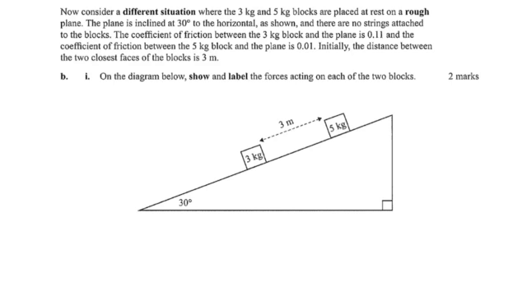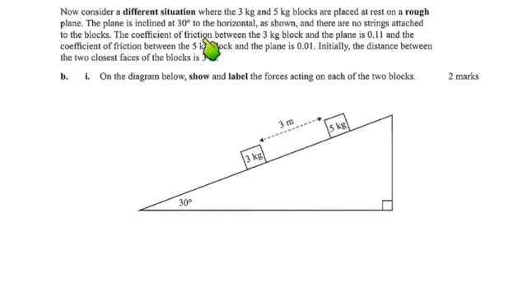Now we're considering a different situation where the 3 kilogram and the 5 kilogram blocks are placed at rest on a rough plane. So now we've got friction. The plane is inclined at 30 degrees, so theta equals 30 degrees to the horizontal, a tangible value for the angle, and as shown. And there are no strings attached to the two blocks.